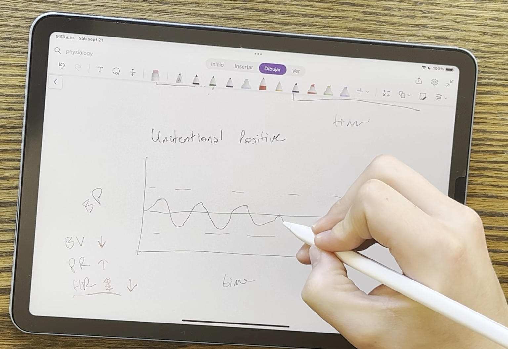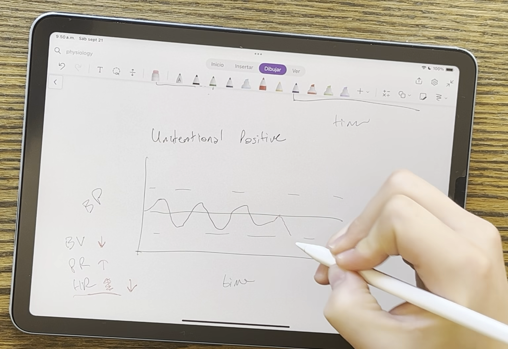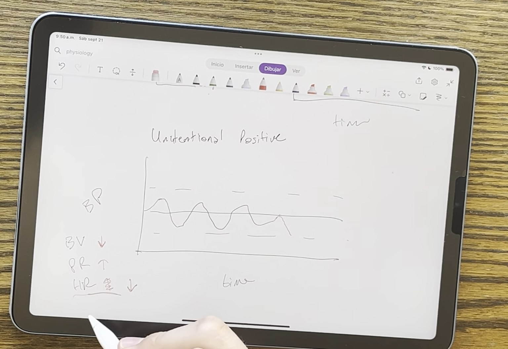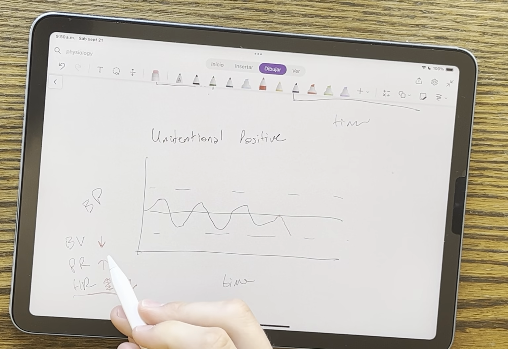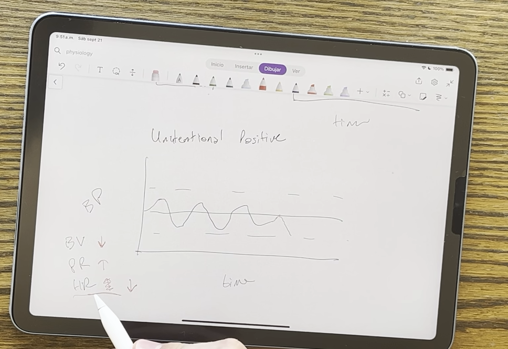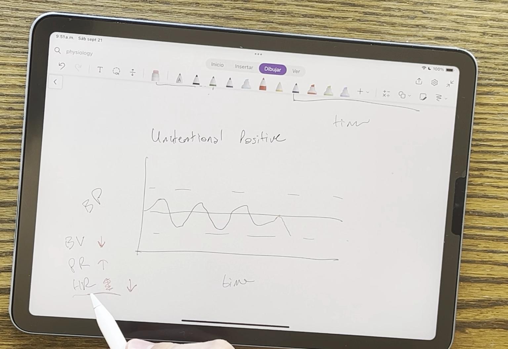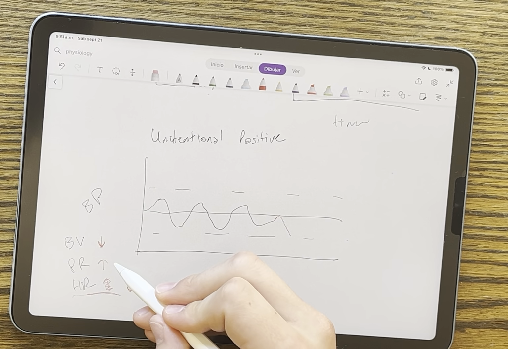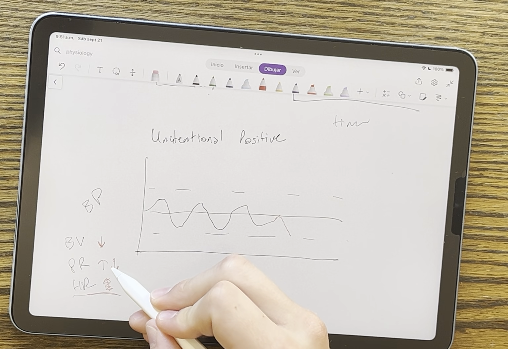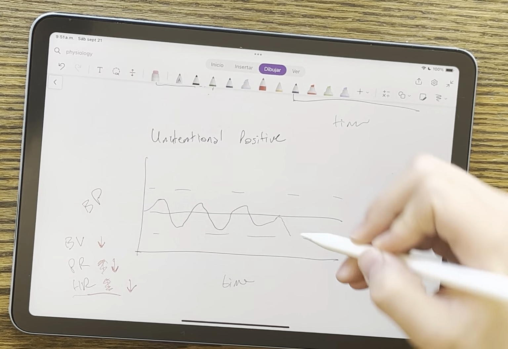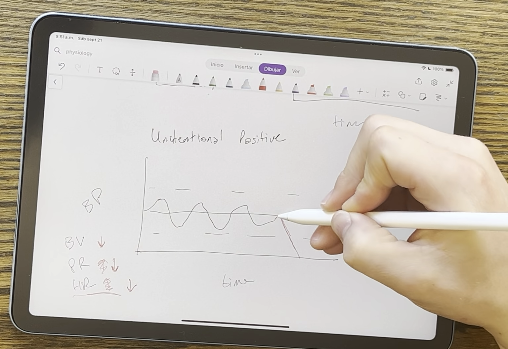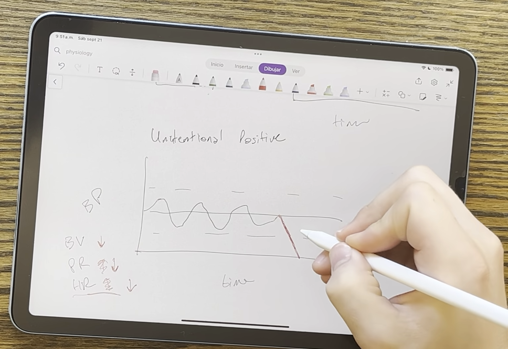So it decreases, and it decreases. Your heart's trying to compensate, trying to increase speed, keeps pumping out blood, you keep losing blood volume, your peripheral resistance is trying to compensate for it, but it's not enough. Or we could even say that your peripheral resistance is broken. It's trying to move the wrong direction too. That creates positive feedback.